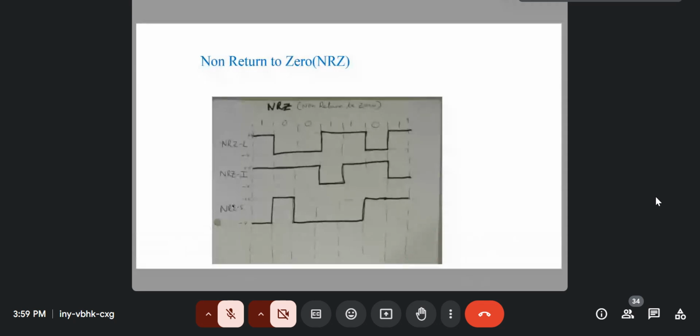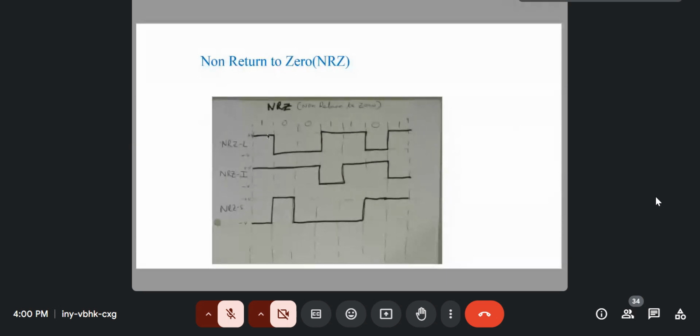This is the opposite. We have started at negative. Depending on each system, sometimes it doesn't matter what signal is here.